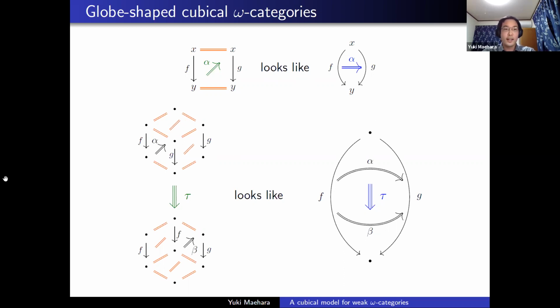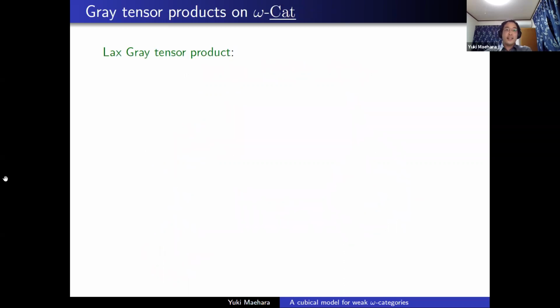And what is an example of such a construction? Well, the Gray tensor products. These are the sort of tensor products that we want on omega categories. There are 2 flavors, lax and pseudo, although for this talk, I will mostly focus on the lax version.